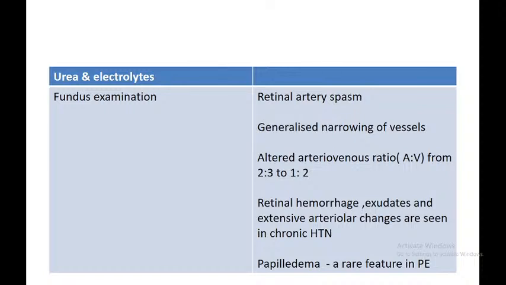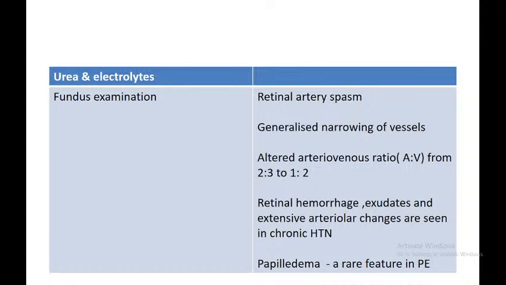And we need to always do a fundus examination in cases of gestational hypertension, pre-eclampsia and eclampsia, because we find changes in the fundus. There can be retinal artery spasm or generalized narrowing of the vessels, and there can be an altered AV ratio of these vessels, and sometimes in severe cases we might even see retinal hemorrhages, exudates, and extensive arterial changes.